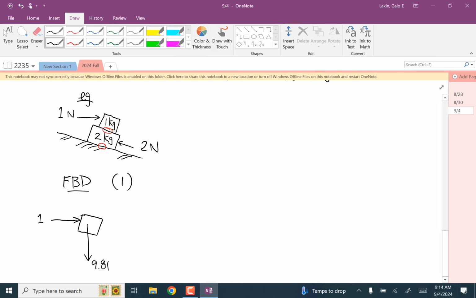So I'm going to represent this the way I represent forces with unknown directions. I'm going to draw a little coordinate system, and I'm going to use the notation F12, the force on the 1 kilogram by the 2 kilogram. And that's a vector.